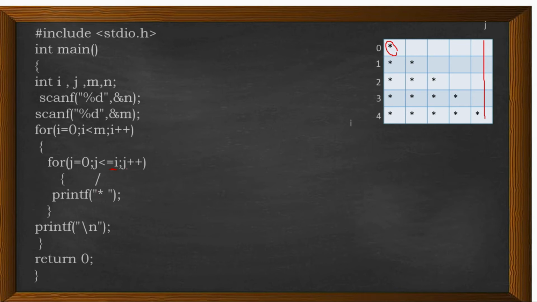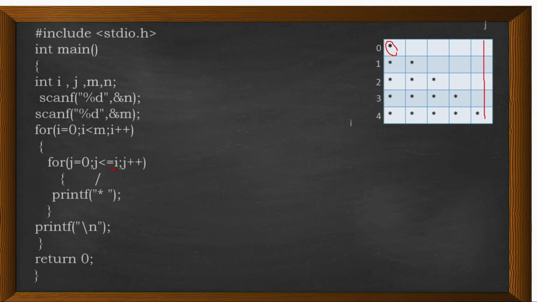Next, j plus plus, j will be incremented, because this will continue until this loop condition becomes false, and only then does it come out of the loop, right? So this will be executed, then it goes back and gives a new line. Next, I will be incremented and I will be 1. J is also incremented to 1.